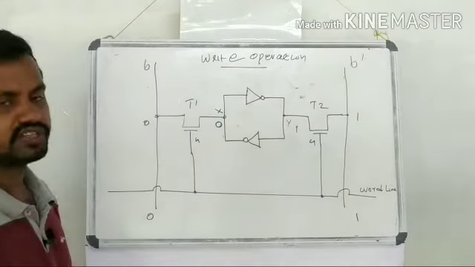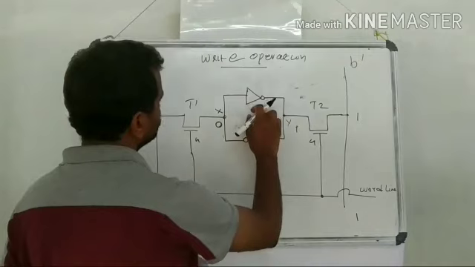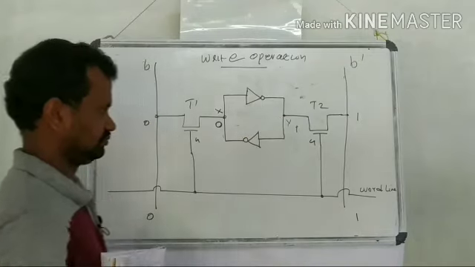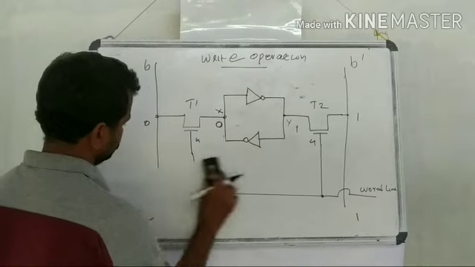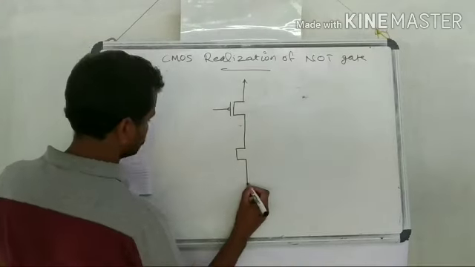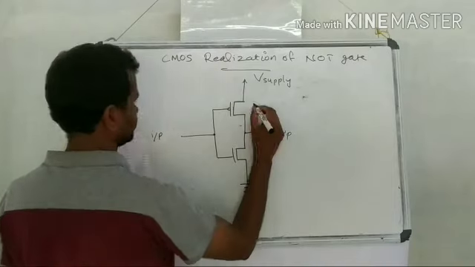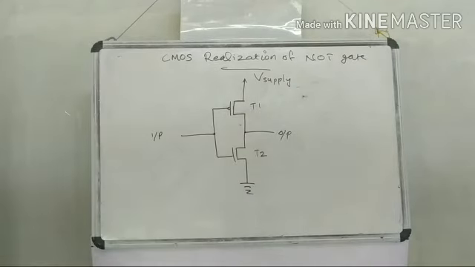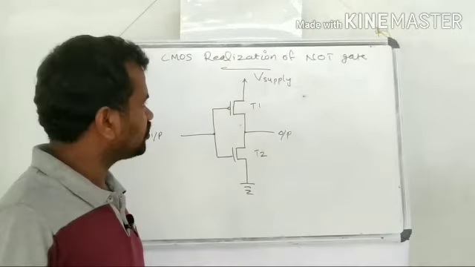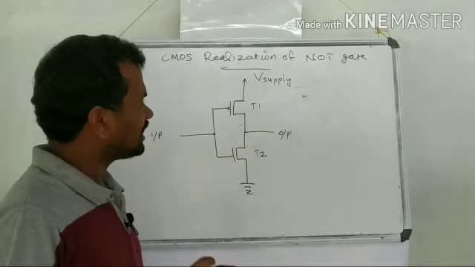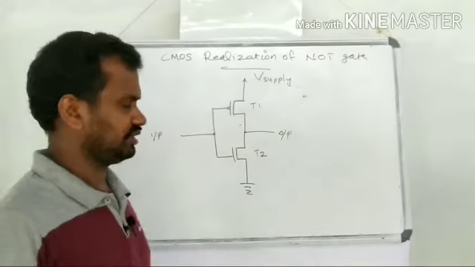Next we have to explain about the CMOS realization of these two inverters. Before discussing the CMOS realization of a static RAM cell, we have to discuss the CMOS realization of a NOT gate.